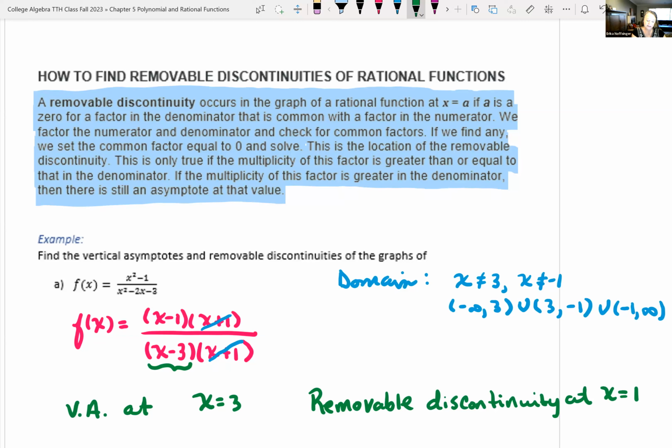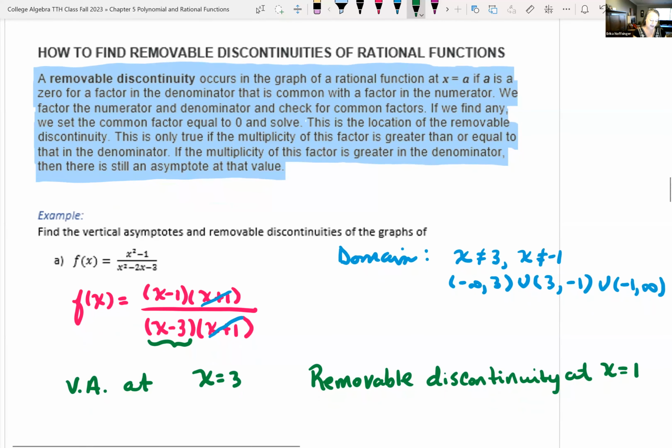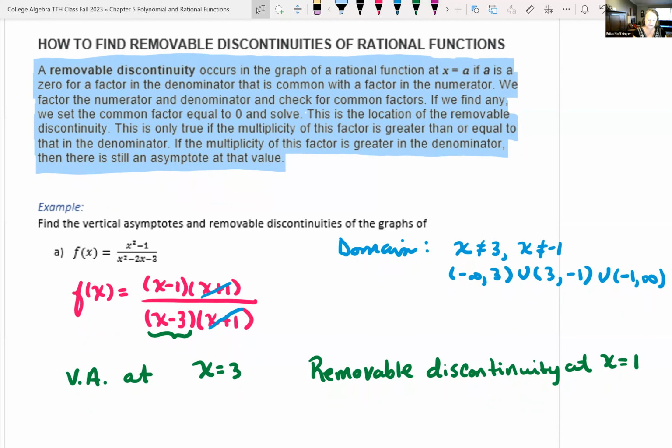If I wanted to figure out where that hole is, that removable discontinuity, the open circle for that point because it's not defined there, you're going to look at plugging into the reduced form of f of x.